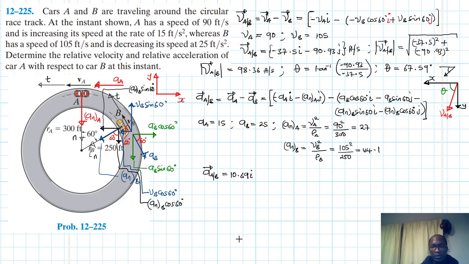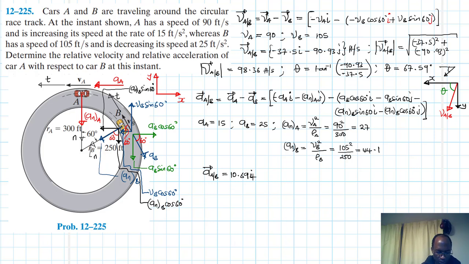The second one, ANA, is going down, 27, that's minus 27. Then plus AB, which is 25 sine 60, and then plus ANB, which is 44.1 cos 60.